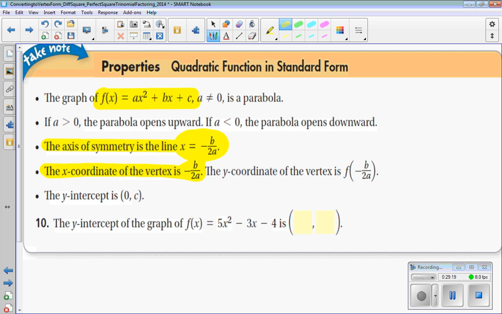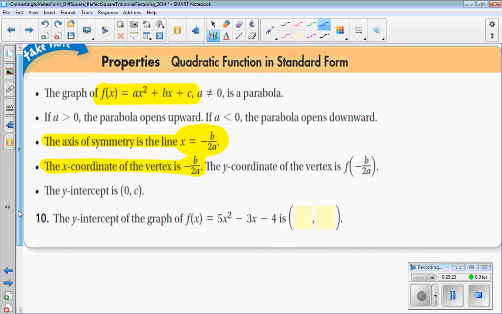Remember from OPQ number 1, if we were given this particular problem, negative b over 2a, yes. If we were given this problem, this is from OPQ number 1, could you tell me what the vertex is when it's written in this form?